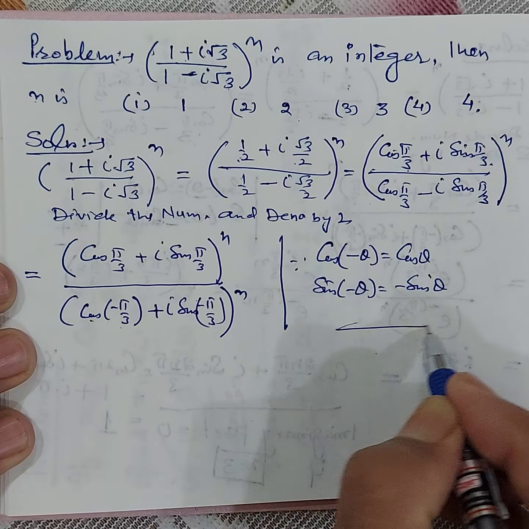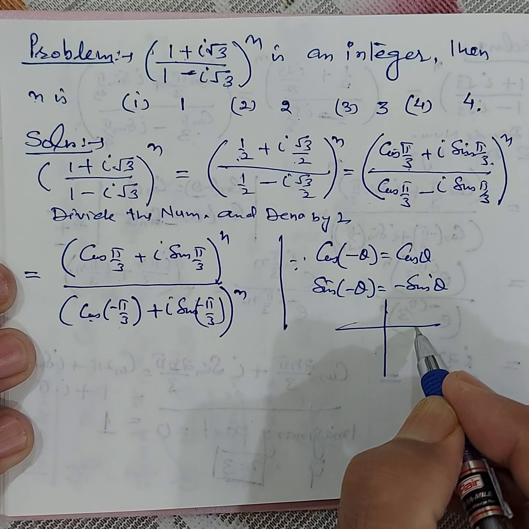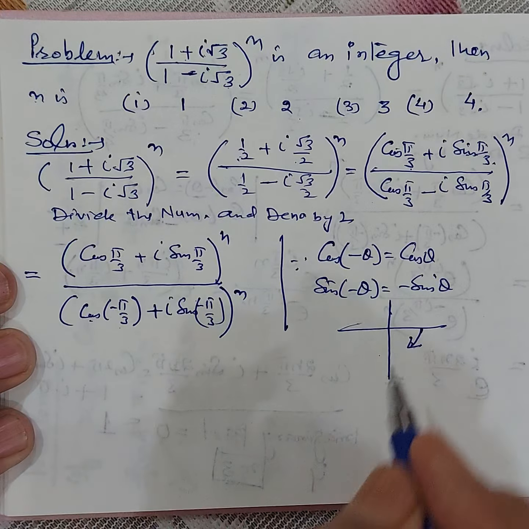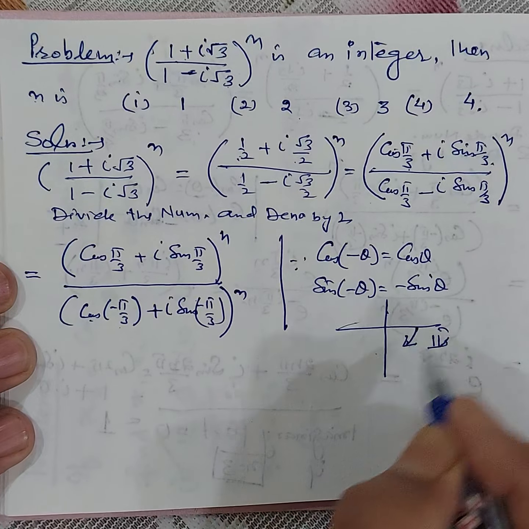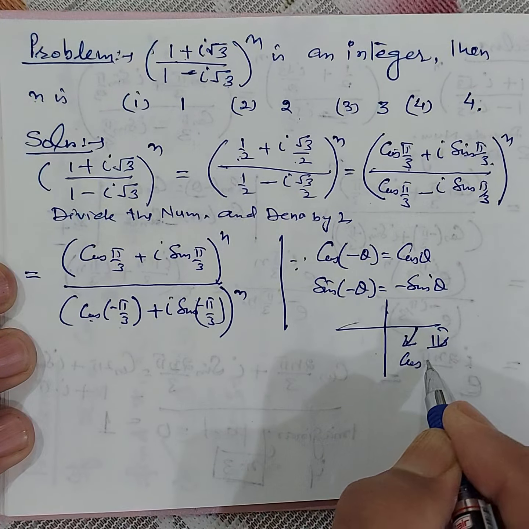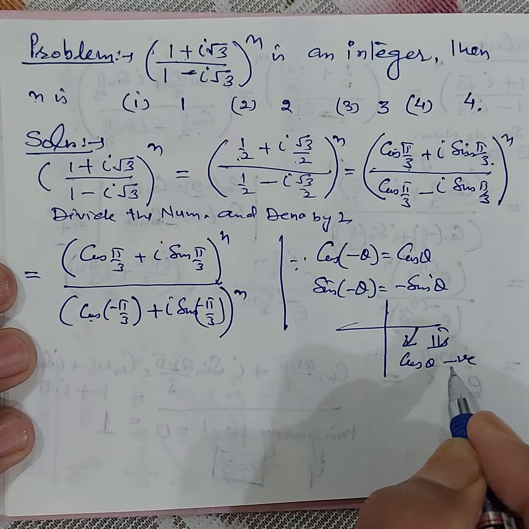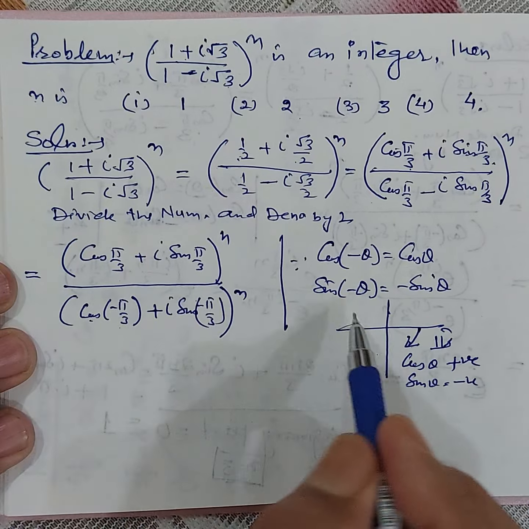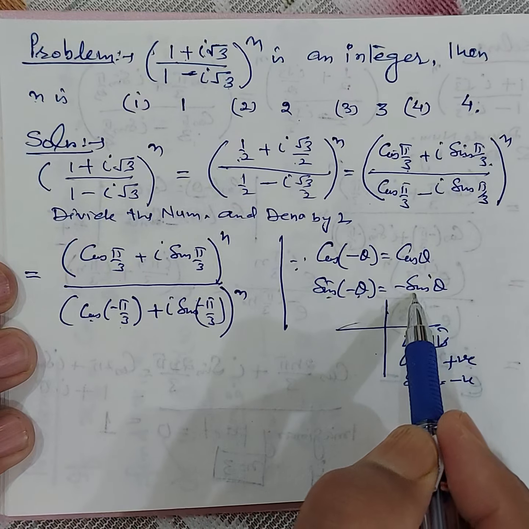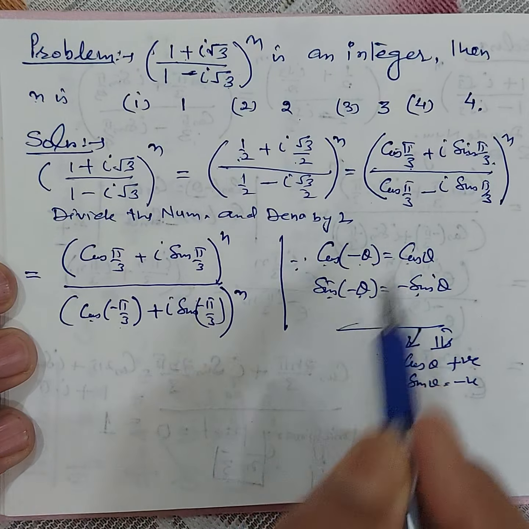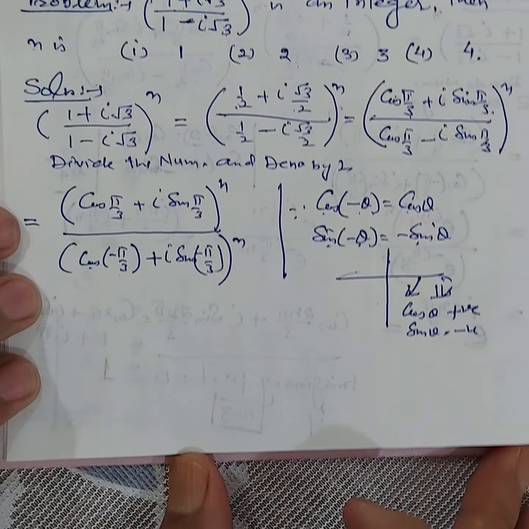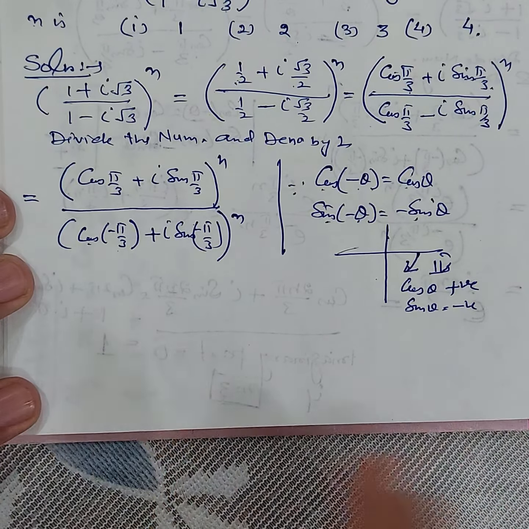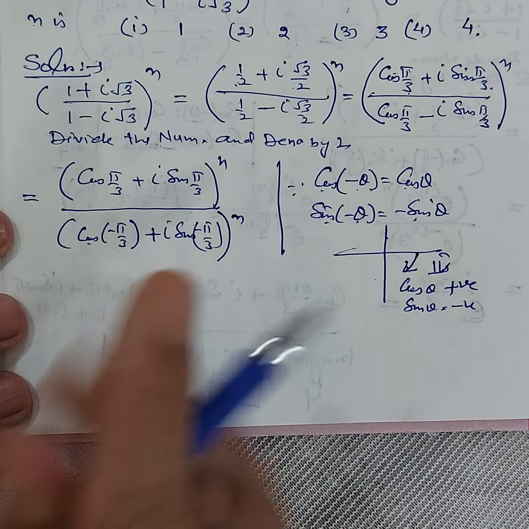As we know, when theta is rotated clockwise in the fourth quadrant, cos theta is positive, sine theta is negative. So sine minus theta is minus sine theta, cos minus theta is plus cos theta. Now we will use here the De Moivre theorem.